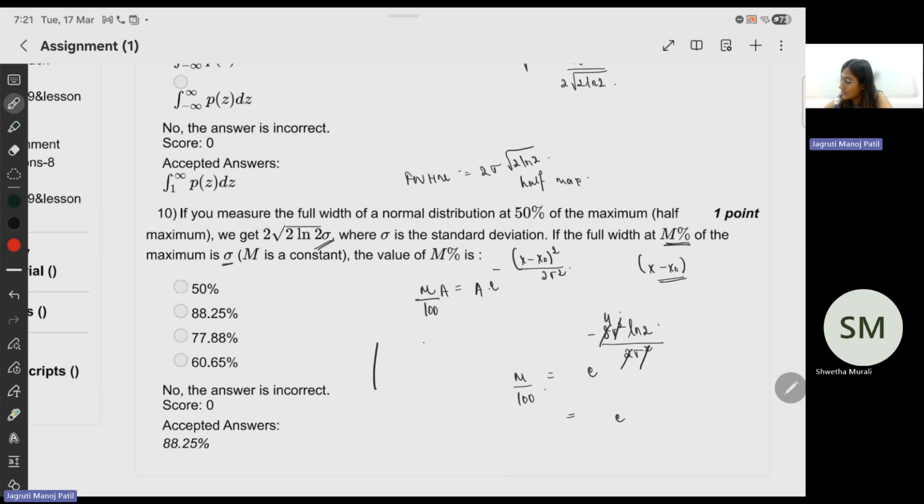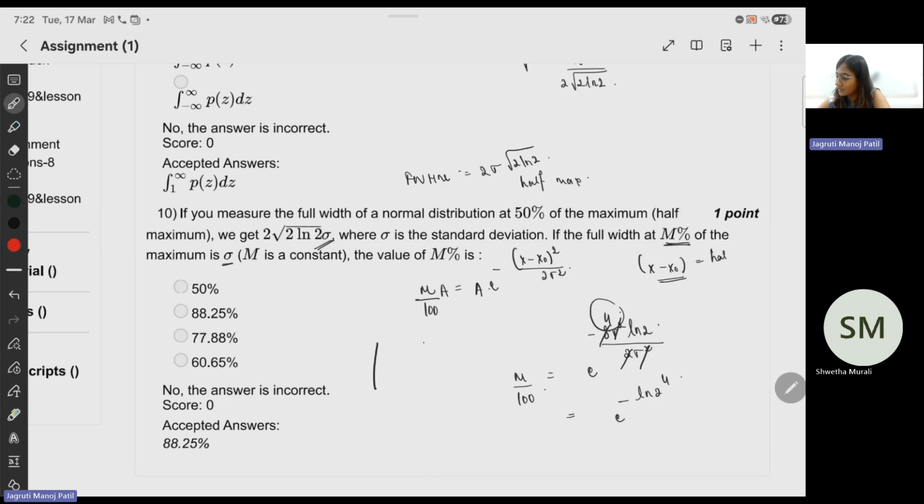Now this can be written as ln 2 by 4. I don't think so. So I guess this was half. Let's see the notes. I forgot it. What was our width? We assigned x minus x naught, so this is not the full width.